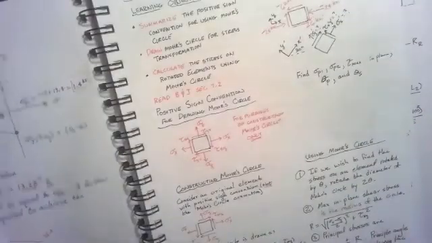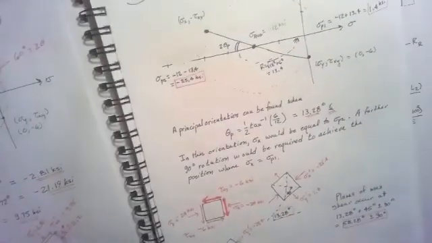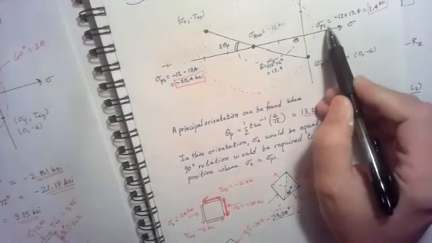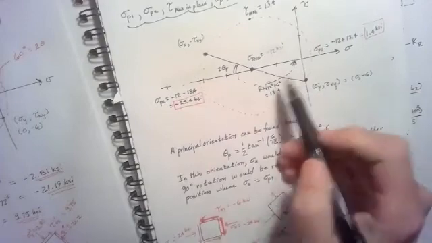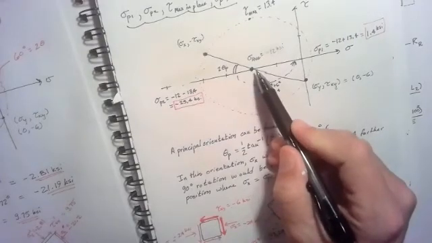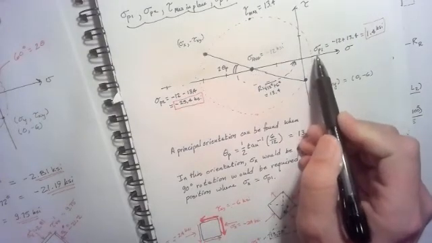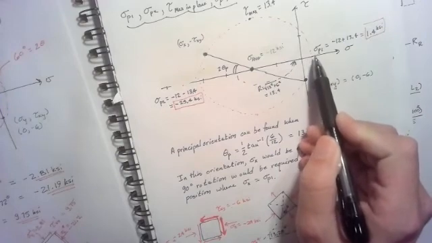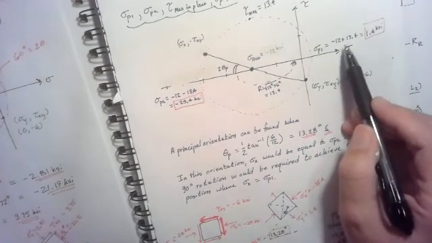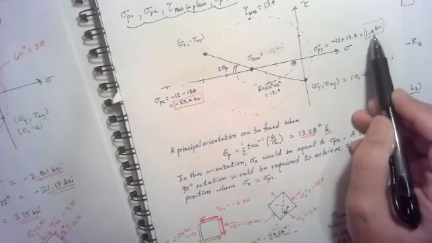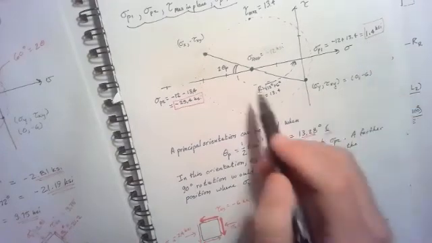Now, if I wanted to find all of the principal things that we learned how to find in the last lesson, I would know that the principal stress, sigma P1, would be given to me by the average stress plus the radius of Mohr's Circle, and that would be -12 plus 13.4. That would be 1.4 KSI.